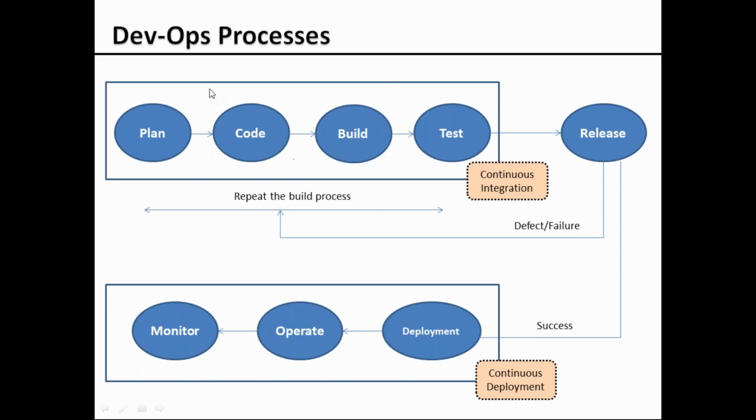I just wanted to reiterate what I have explained so far. So this is one piece of development, and this is the other piece, the operations team, isn't it? This is called continuous integration, because you are integrating your code to build and do the testing. There is a lot of integration that you are doing to your code.